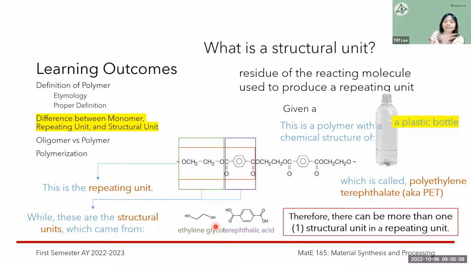You can have many structural units to form a repeating unit, and it is based on how many reacting molecules are needed to form the polymer. For example, to form PET, you need ethylene glycol and terephthalic acid. Since you need 2, you expect that you also need 2 structural units to form the repeating unit. Gets?